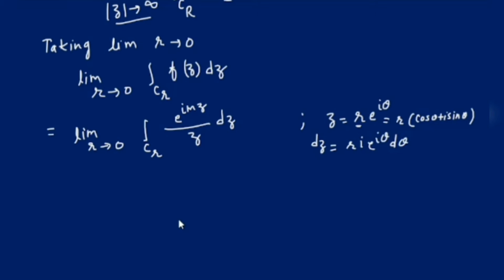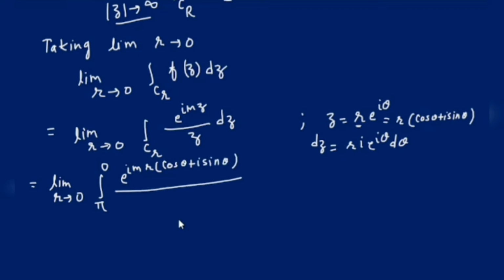Now we put all these values here, then we'll get limit small r tends to 0 of the integral for a small semicircle, which will be from pi to 0, of e to the power iota m times the value of z, r into cos theta plus iota sin theta, divided by the value of z, that means r e to the power iota theta, and the value of dz is equal to r into iota e to the power iota theta.